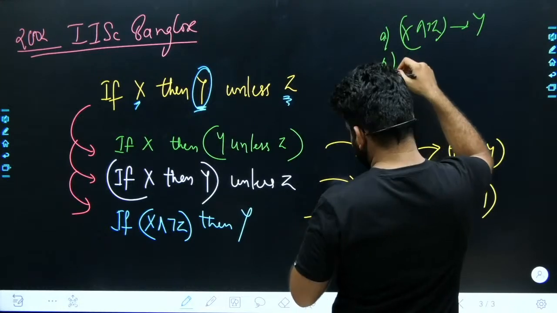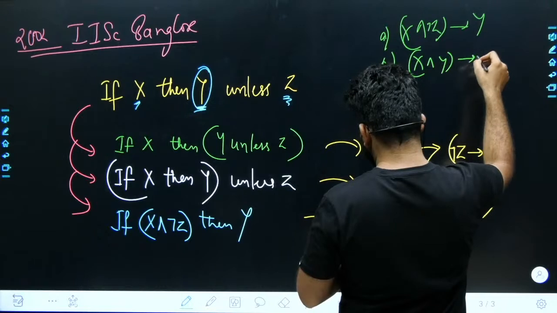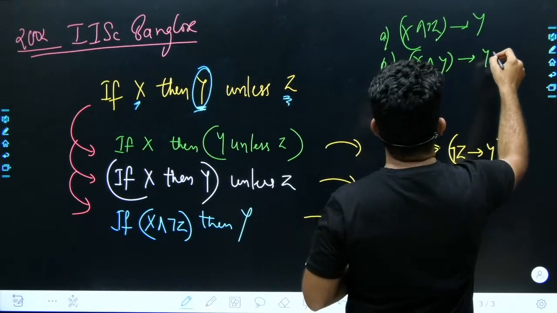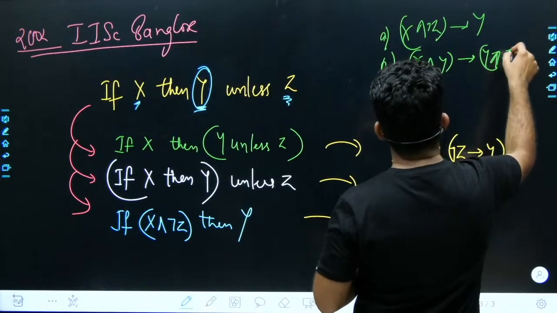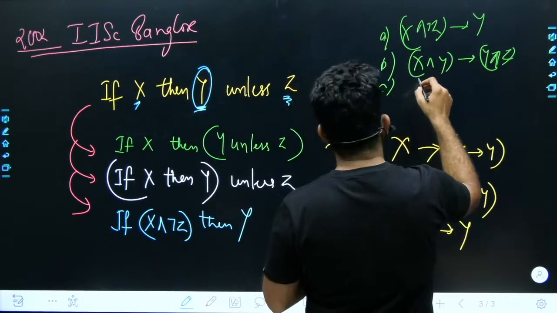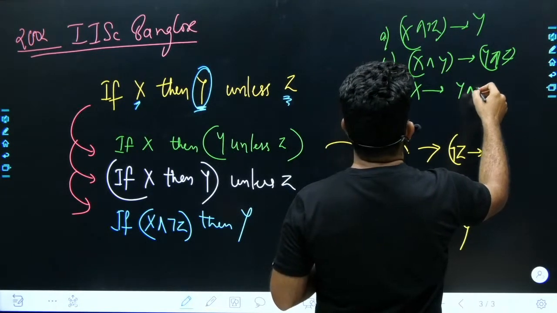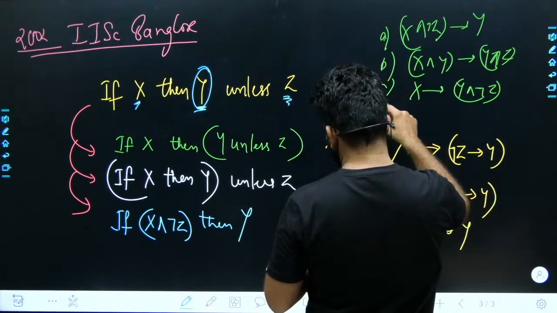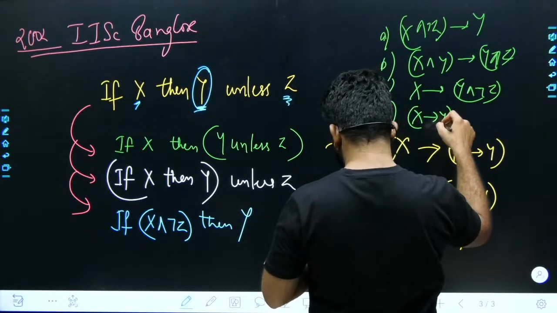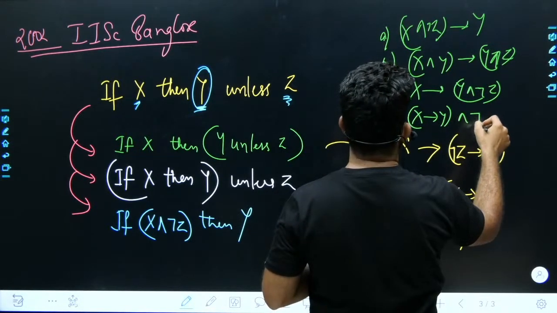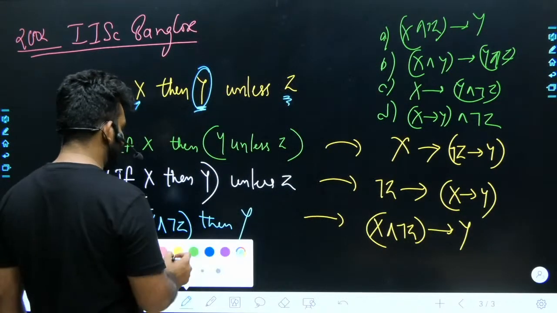B was x and y implies, basically y and z, something like this. C was written like x implies y and not of z, and D was x implies y and negation of z. So I hope it is already clear which expression is correct.